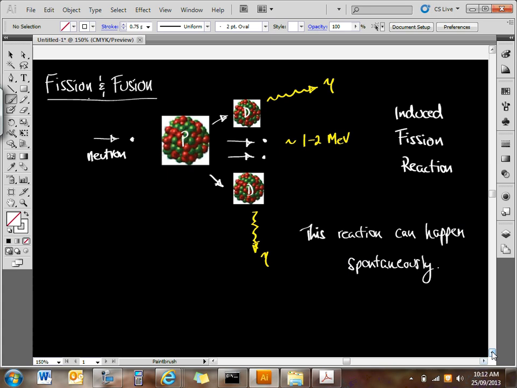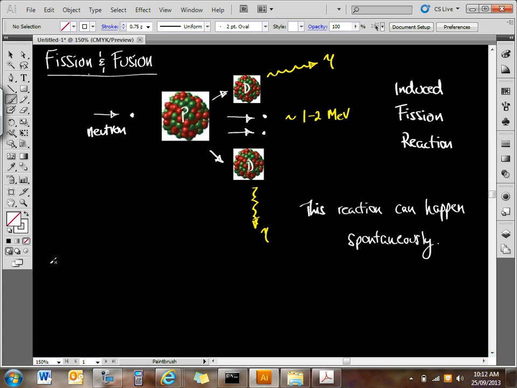In this reaction, now here's the reactants here, this large nucleus and the neutron, and here's the products on this side.